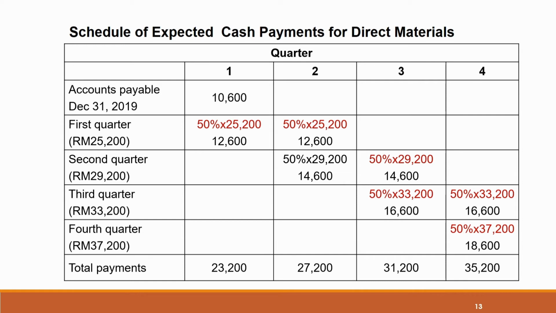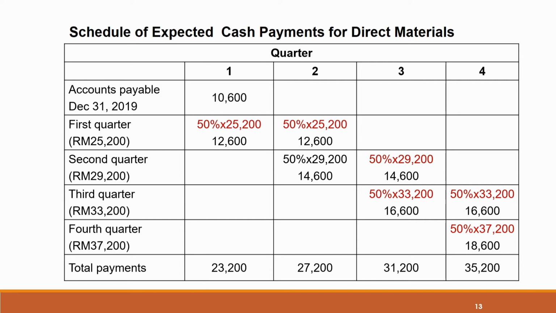Now the second row, we will pay the supplier based on the percentage given in the question: 50% in the current quarter and 50% in the following quarter.